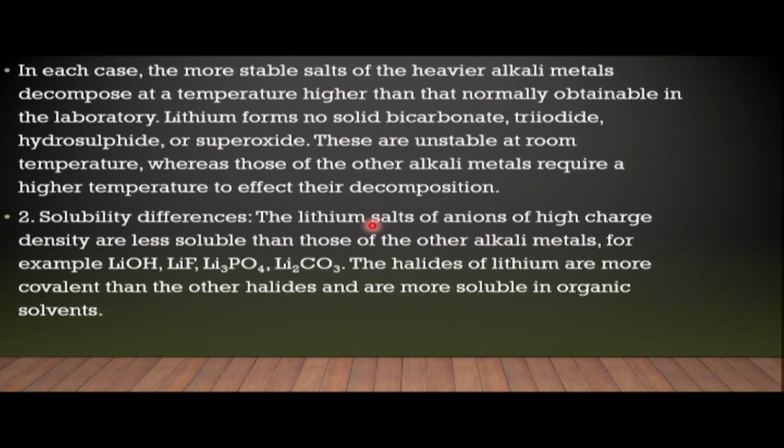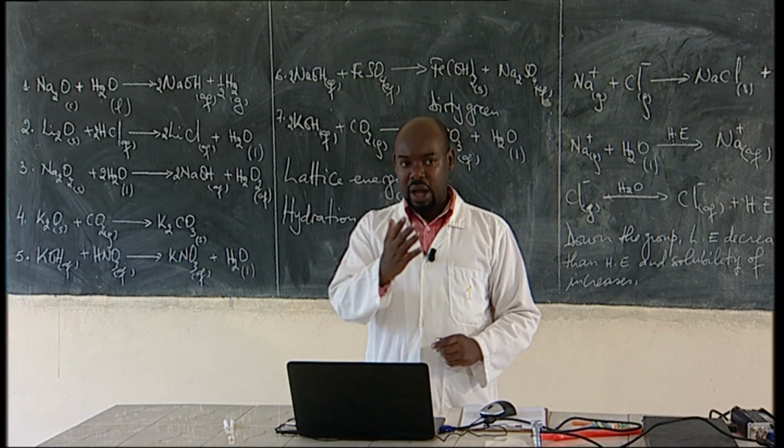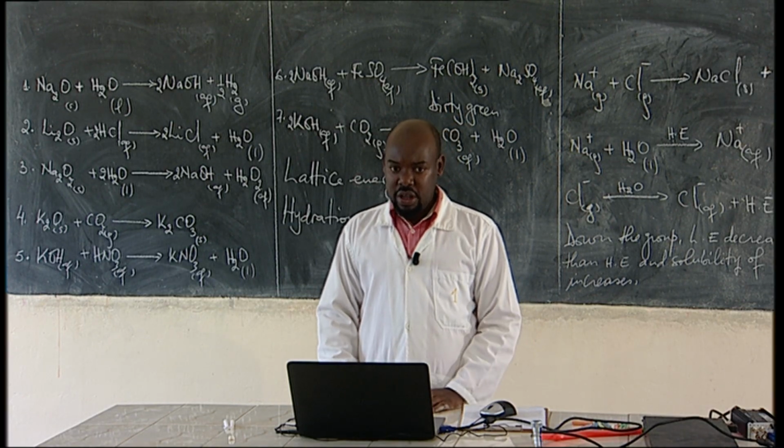And we have more abnormal behaviors of lithium. Mainly, we can give the examples of the low thermostability of lithium substances. You know, lithium can form normal oxides only because of its small size.